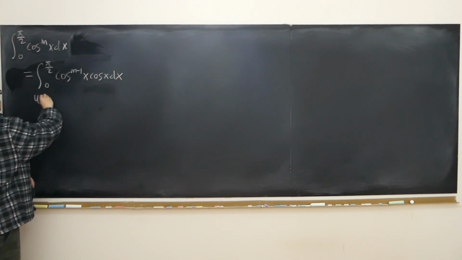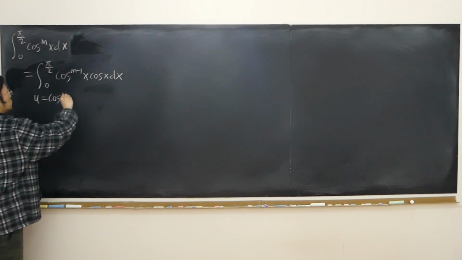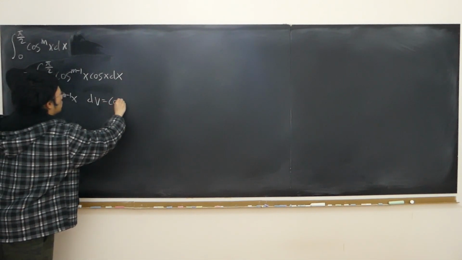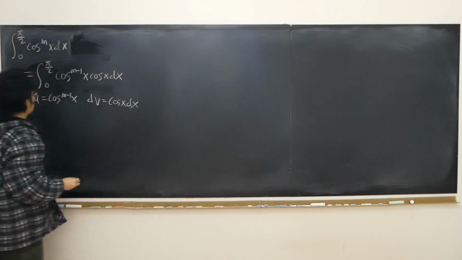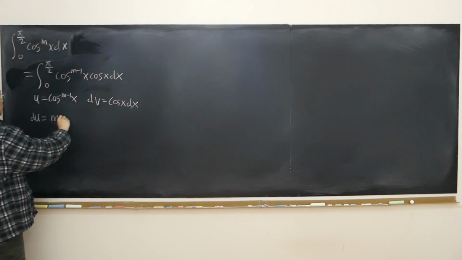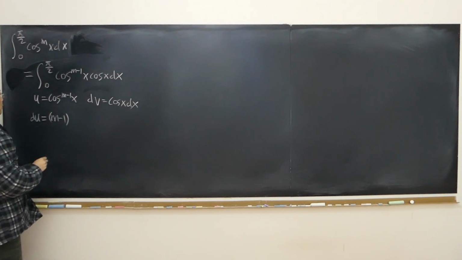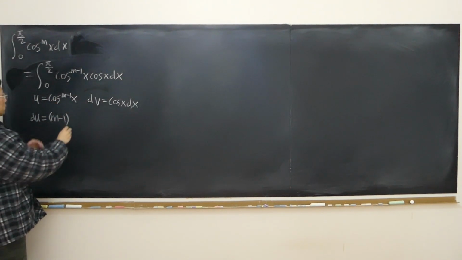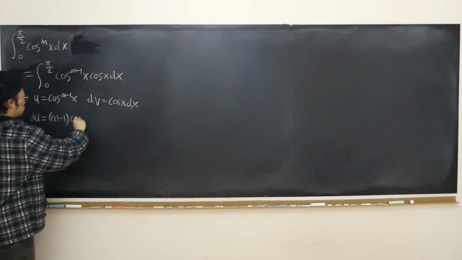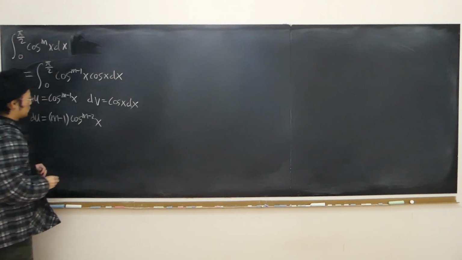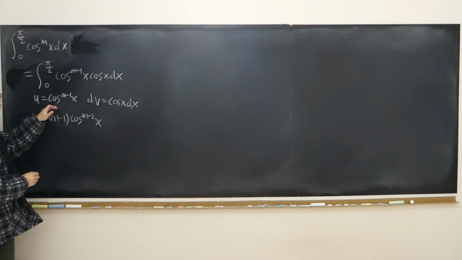So u is equal to cos to the power of m minus 1 x, and dv is cos x dx. So du, what is du? Simply m minus 1, right? Differentiation, chain rule. Also take the power down here, times cos with the power reduced by 1, m minus 2, and don't forget to also differentiate the inside function, that is cos.